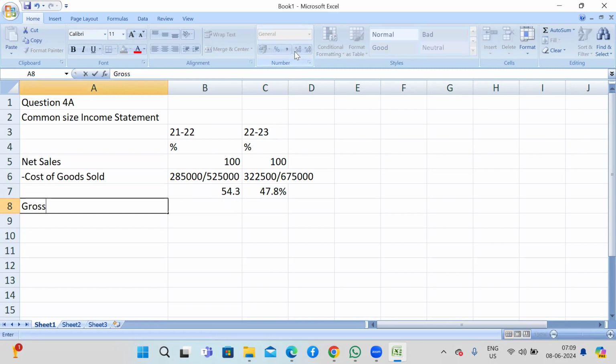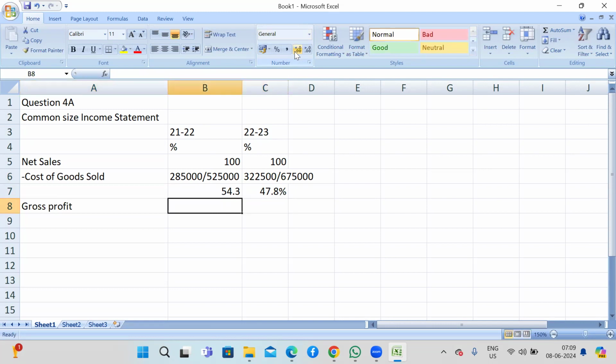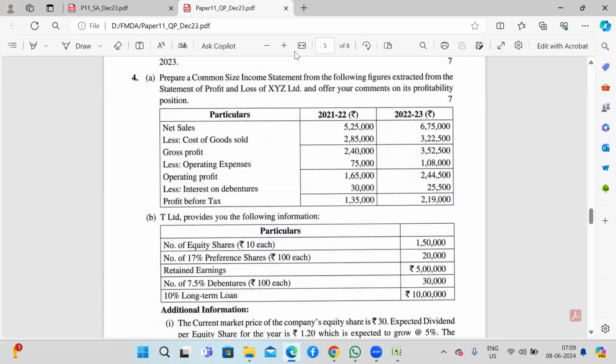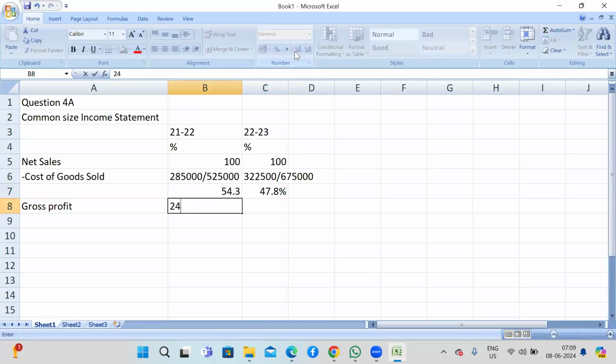So gross profit. 240 divided by 525. So 45.7%.